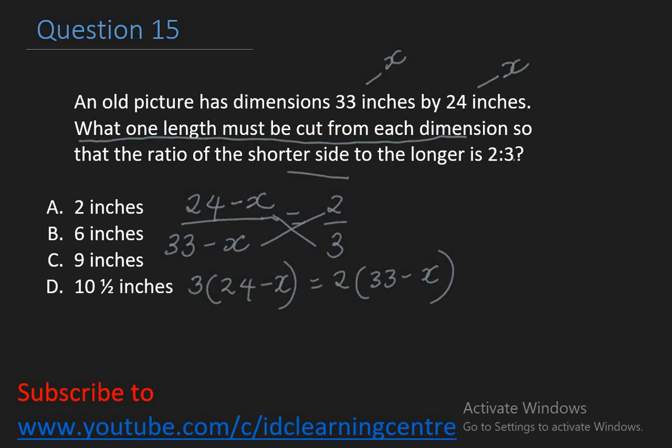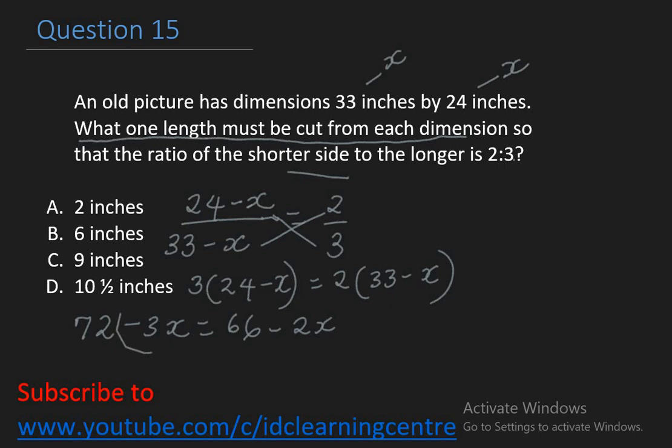3 times 24 is 72. 3 times minus X is minus 3X, equal to 2 times 33 is 66. 2 times minus X will give me minus 2X. Right? Now at this point, collect like terms.